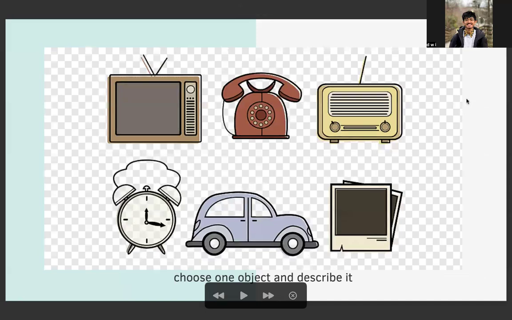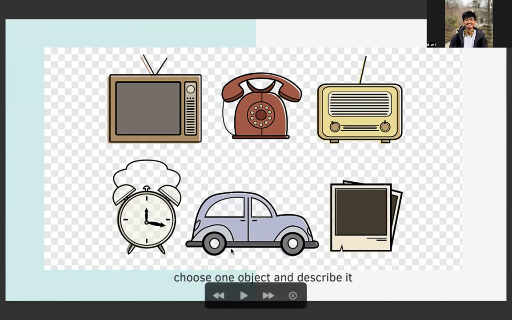Now, in the comment section, it is pretty different from previous meetings. You don't need to write a 100 word minimum reflection, but I want you to choose one of the six objects here and then describe it.